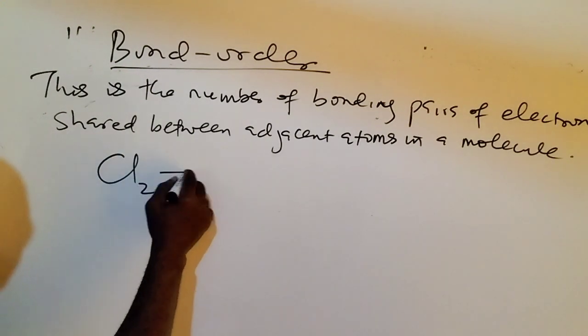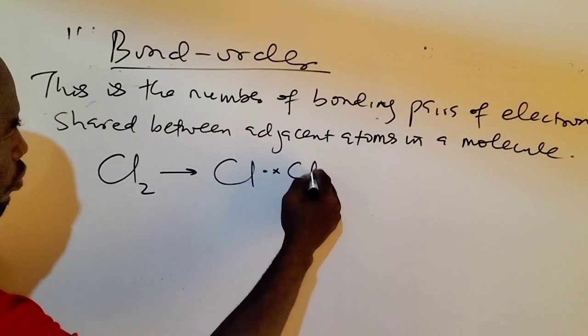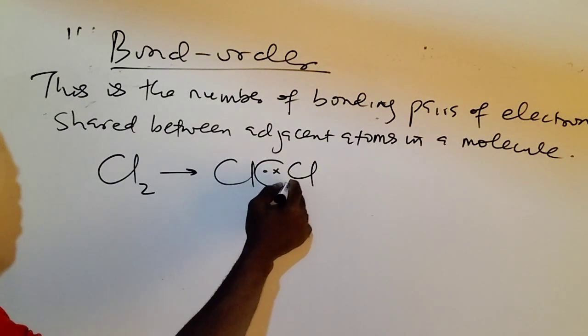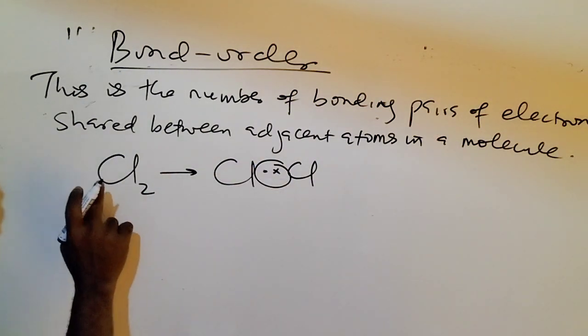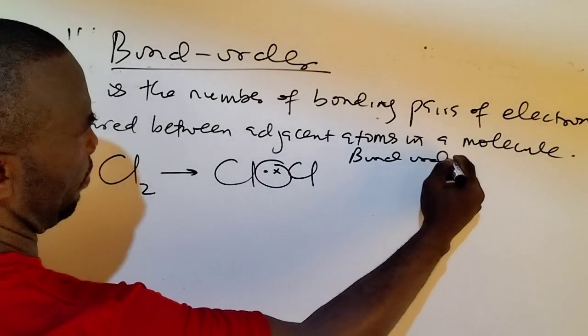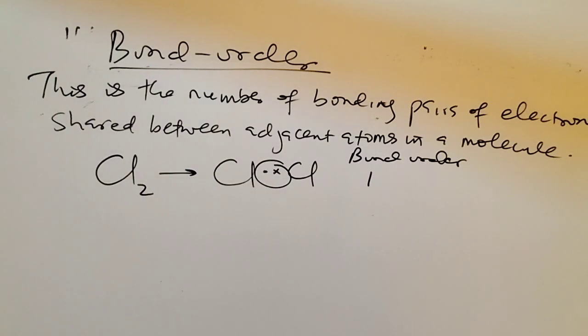When we did chlorine, we saw that 2 electrons are shared, that is 1 from each chlorine atom. So how many pairs are shared? The bond order of the chlorine molecule is 1, because a pair is shared between 2 atoms of chlorine.